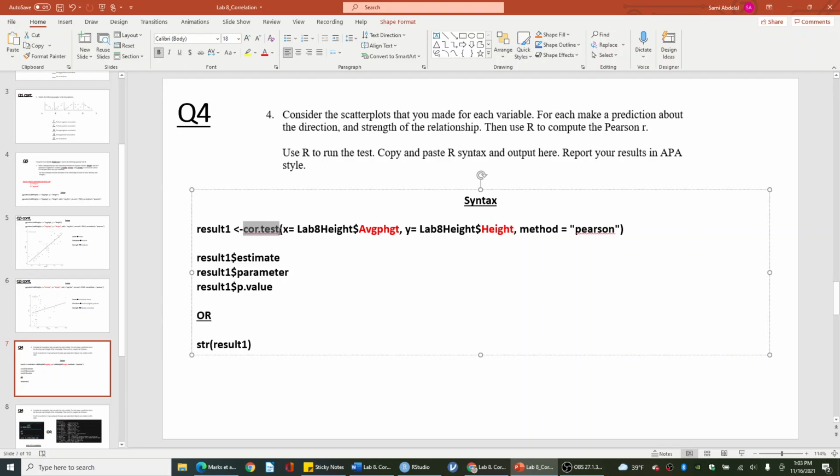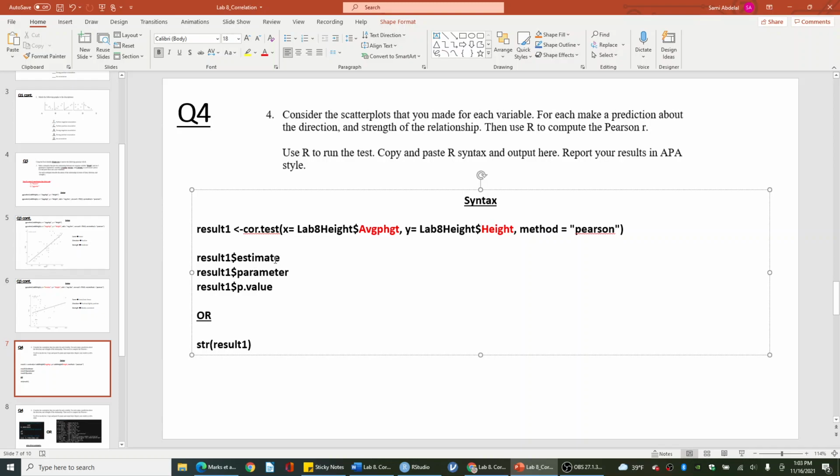We're doing a correlation test, and then our x-axis, again, this is the name of my spreadsheet. Make sure you're entering whatever you've named the variable in your spreadsheet into R the same exact way because it's case sensitive. Our y-axis here, and then again, we're using the Pearson.